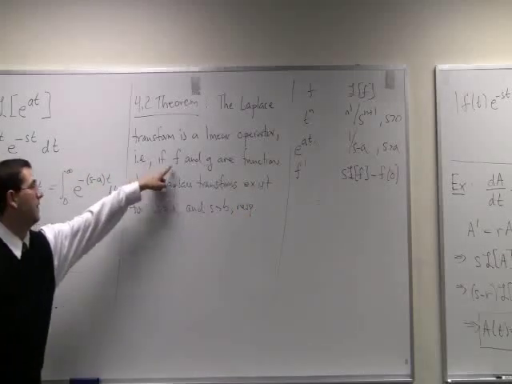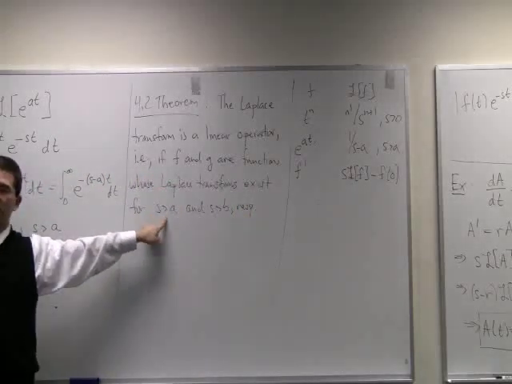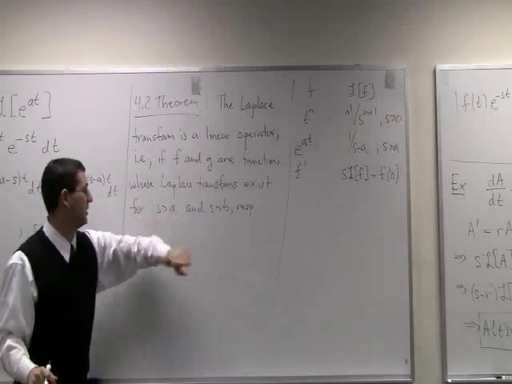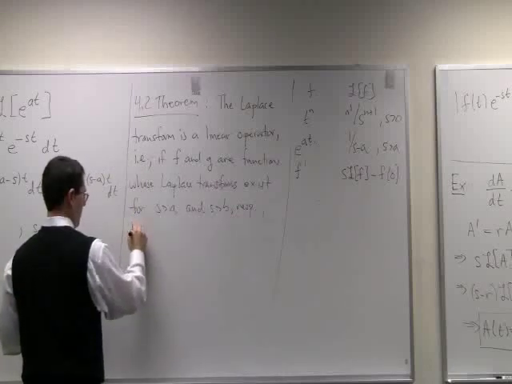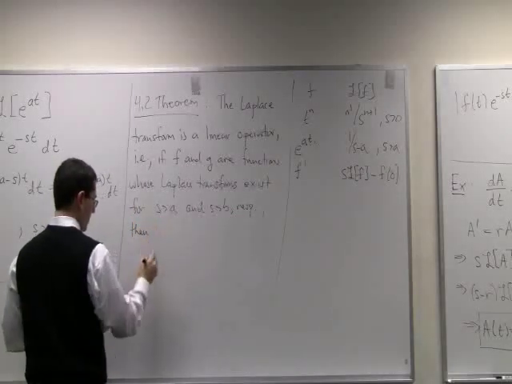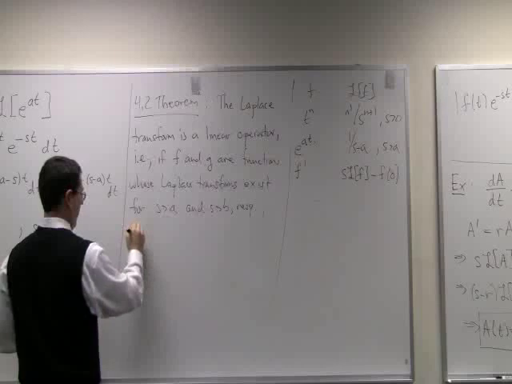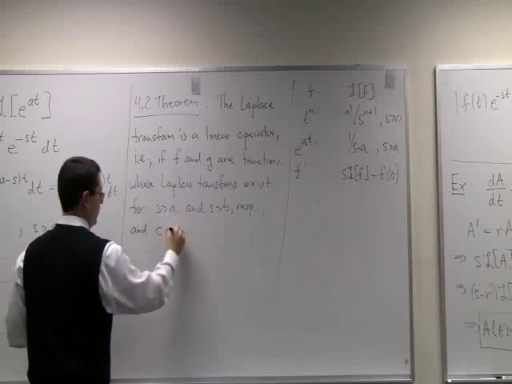Okay, so that means that the Laplace transform for f exists for s greater than a, the Laplace transform for g exists for s greater than b. Then, and let c be some real number.